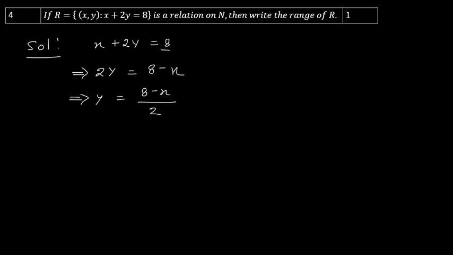Now what are the different values of x possible so that I will get y as a natural number? Here this is a relation on natural numbers, so x will also be a natural number and y will also be a natural number. As you can see, as I increase the value of x, 8 minus x will keep on decreasing. So the first natural number which x can take here, so that y is a natural number, is 2.